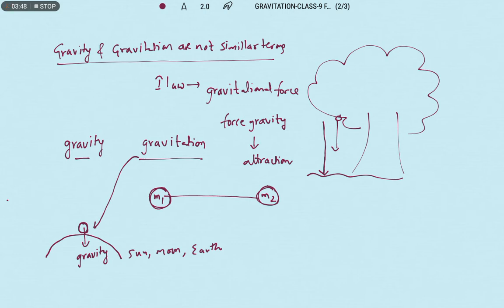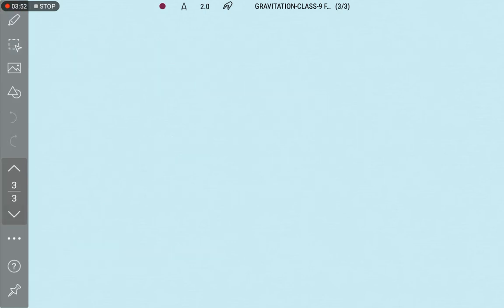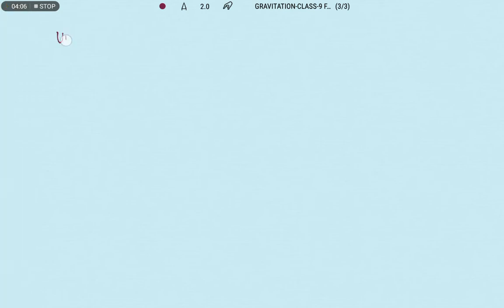Okay? Now let us take a look at how we can calculate the force of attraction between two bodies. To find the force of attraction between two bodies, Newton derived a formula. That formula is known as Newton's universal law of gravitation.